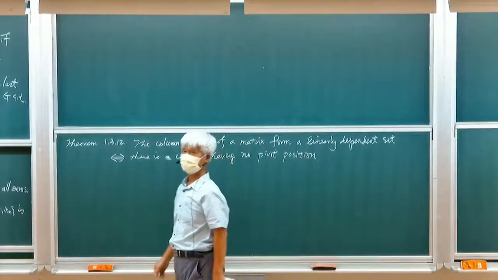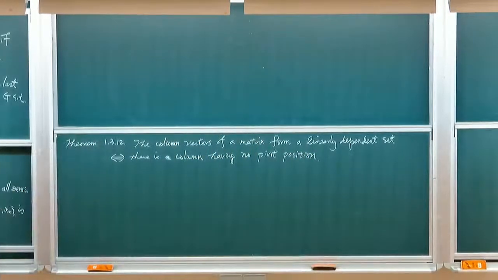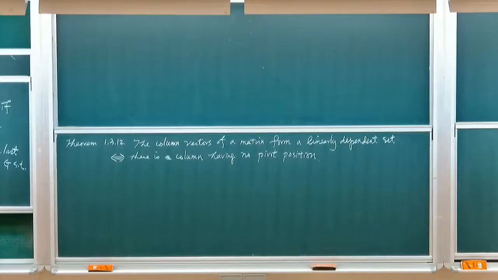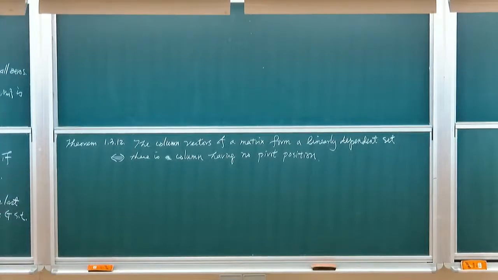Right. So you can compare the two theorems here. The earlier theorem gives us a necessary and sufficient condition for the rows of a matrix to form a linearly dependent set.